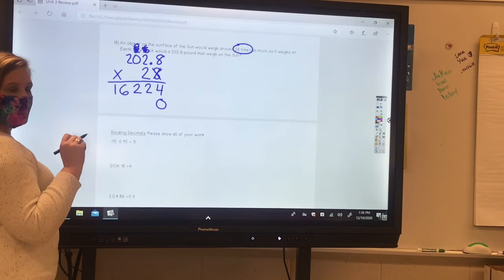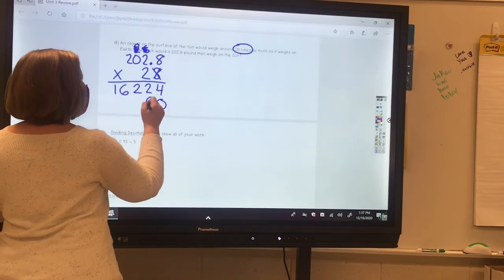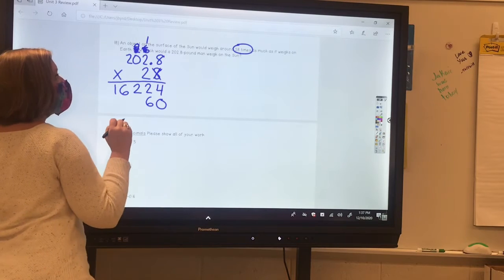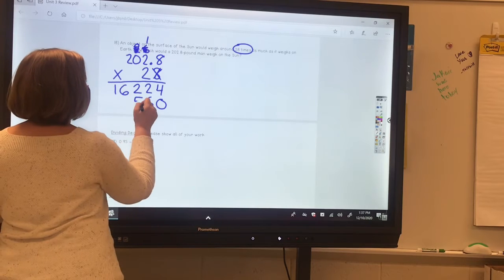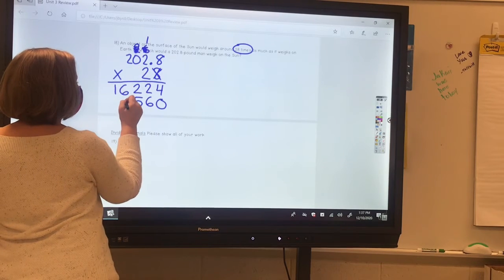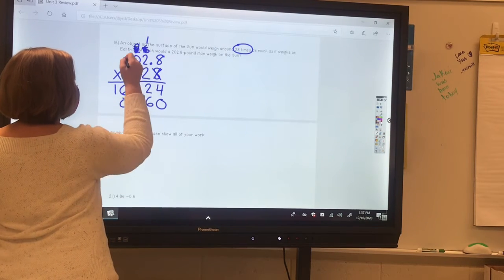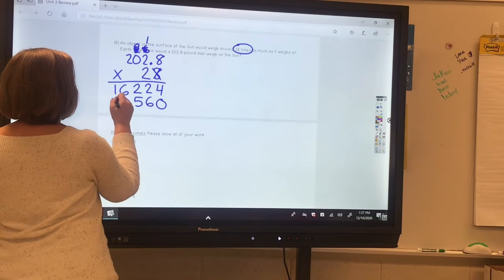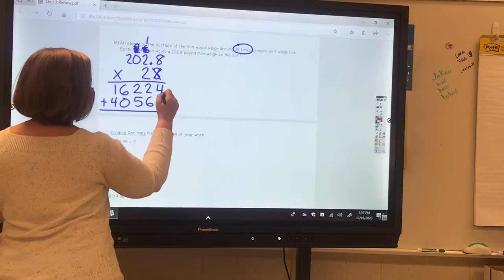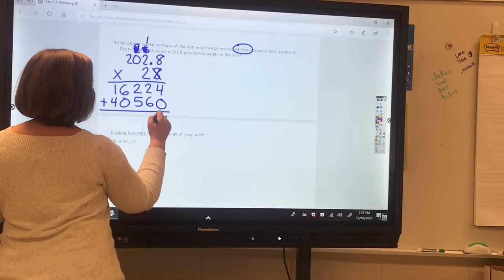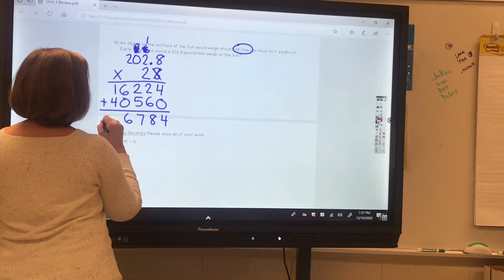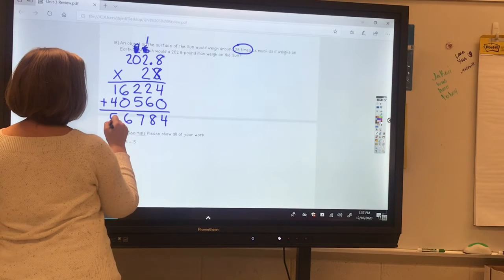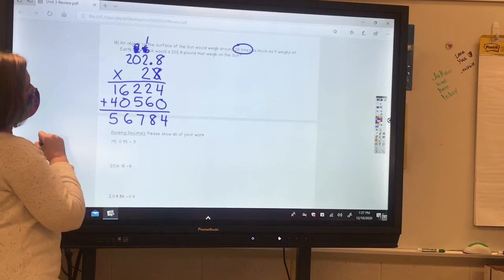2 times 8 is 16. Write my 6, carry my 1. 2 times 2 is 4, plus 1 is 5. 2 times 0, 0. 2 times 2 is 4. 4 plus 0, 4. 2 plus 6, 8. 2 plus 5, 7. 6 plus 0 is 6, and 1 plus 4, 5.